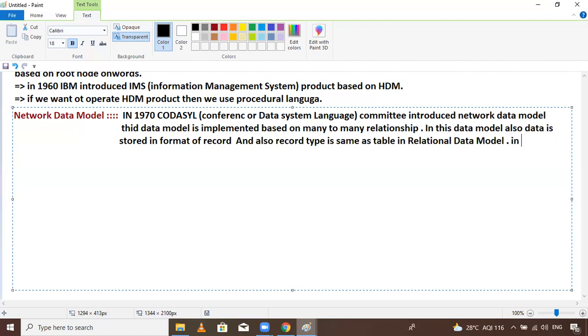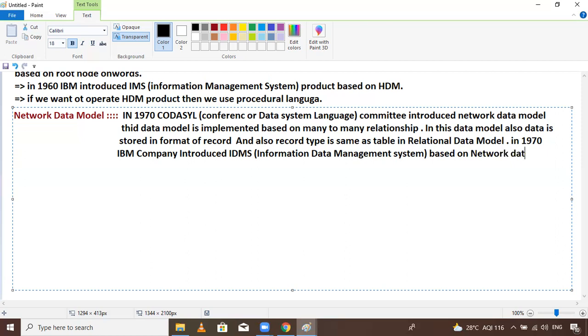So in 1970, the IBM company introduced IDMS, the Integrated Data Management System, based on the network data model.